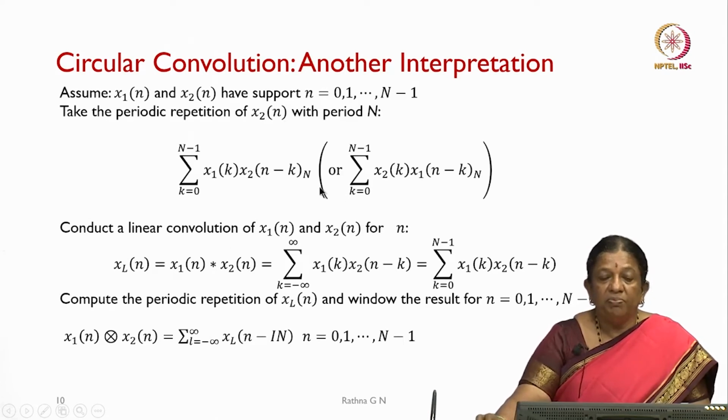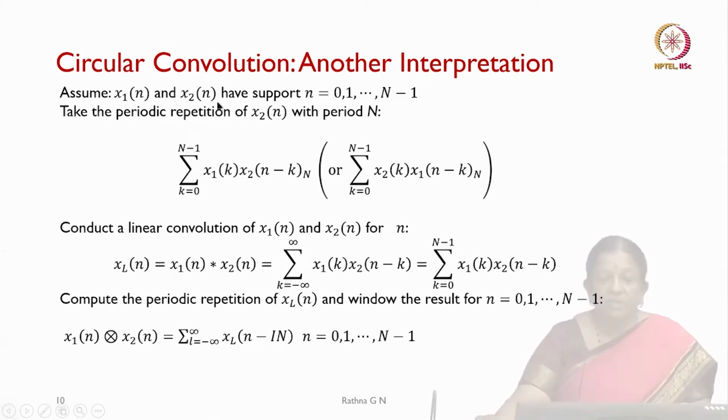Another interpretation: both have support 0 to n minus 1. Here we take the periodic repetition of x2 of n with period n, giving x2 of n minus k modulo n, and we conduct the linear convolution instead of the circular convolution of x1 and x2 for n.